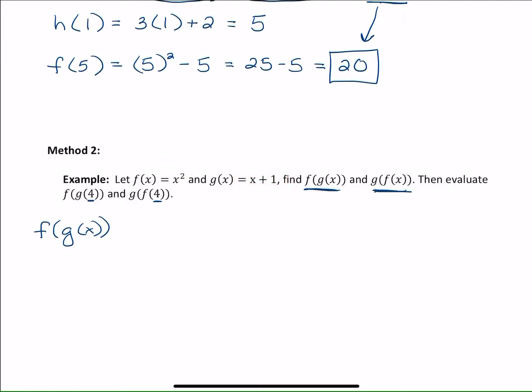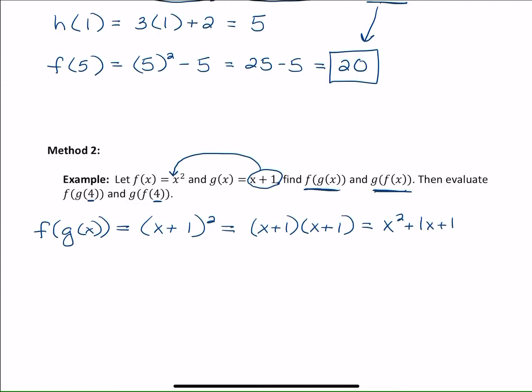So in this case, I've got x plus 1, and that's going to be squared because I've taken this and plugged it in for x. Now you can leave that as your answer, or if you want to go ahead and FOIL that out, we've got x plus 1 times x plus 1, which will be x squared plus 1x plus 1x plus 1.